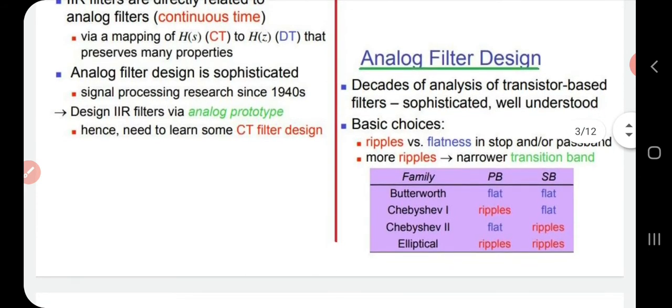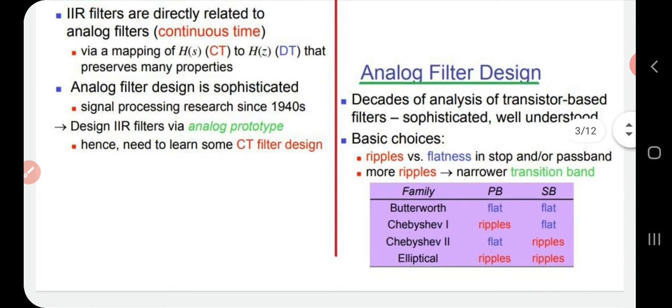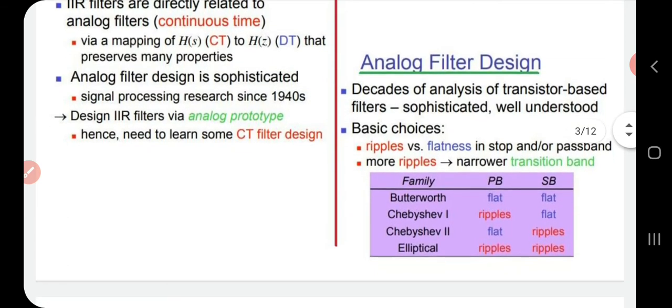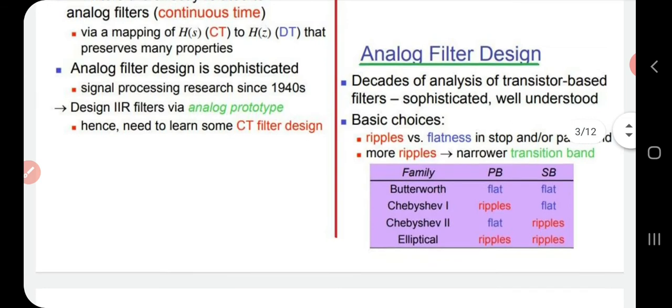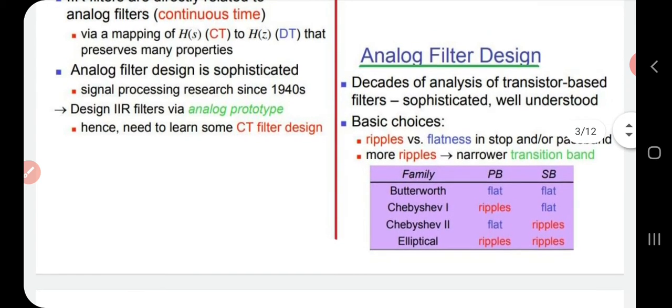So the analog prototype is actually the basis of IIR filters, and so we have to learn more about these continuous time or analog filters, which we have already studied in our earlier sessions, like the Butterworth filter, Chebyshev type 1 and type 2 filters, and elliptic filters. And what were the peculiarities?